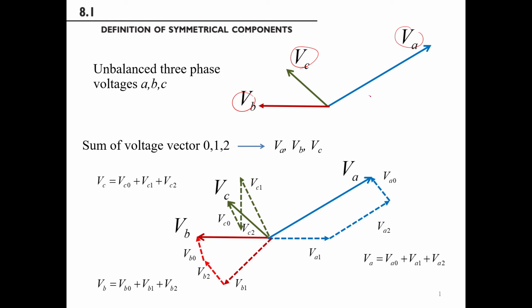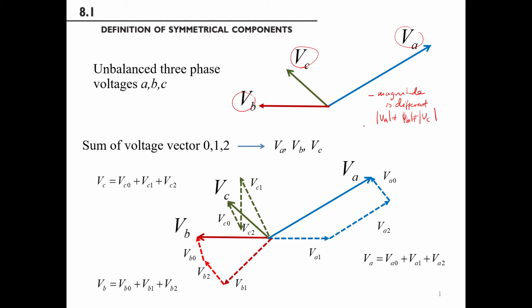The first thing is that the magnitude is different. The magnitude of VA is not equal to VB, it's not equal to VC in terms of the magnitude, or I would add absolute for the sake of clarity.